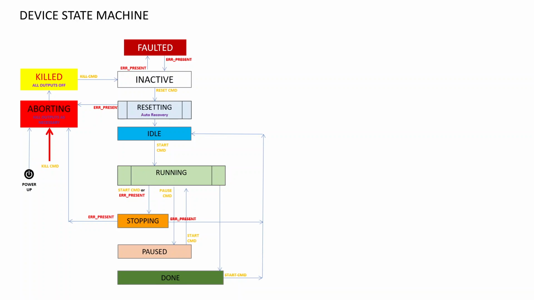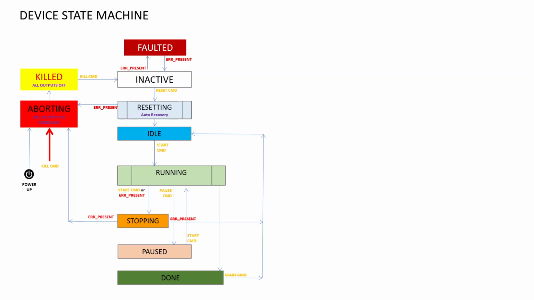Their energy is derived from electricity that's powered from the e-stop circuit or air that's coming from the e-stop circuit. So in our system, when you hit the e-stop, it kills the air supply, it kills any of the control power to the outputs, drives, things like that. So without the e-stop, basically you can't run a device on most devices. So that's why we transition to aborting, and then we go to this killed state.